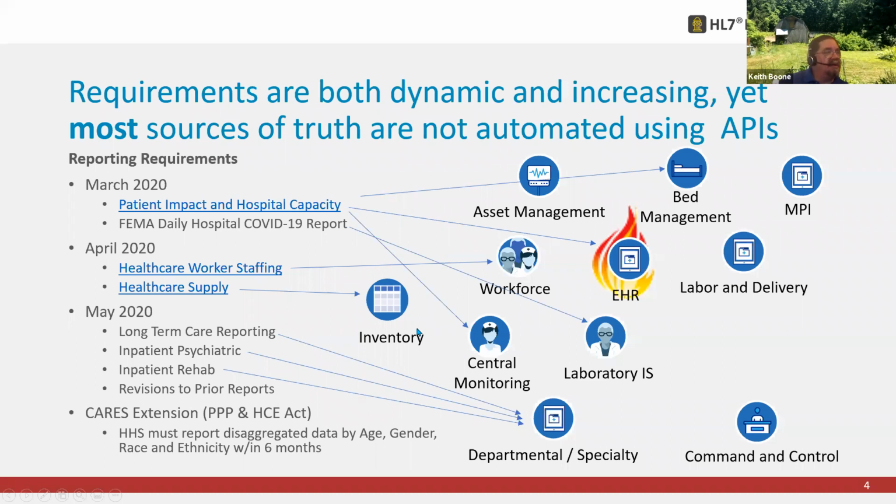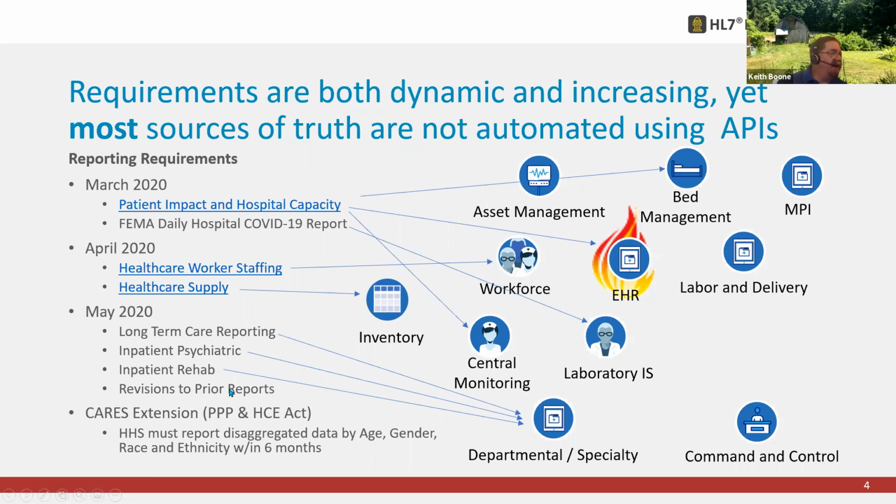then we're continuing to add more and more reporting. At this point now, we've got 7 different reports that need to be sent out, and probably duplicative, being sent to local public health, state public health, as well as federal agencies.